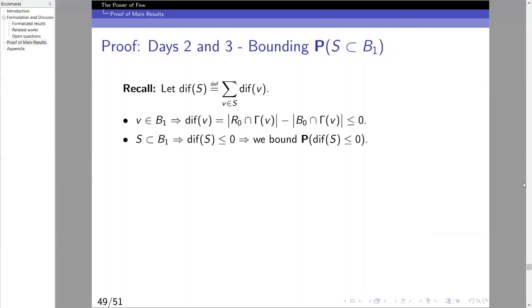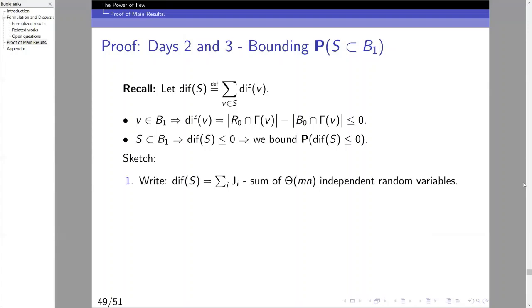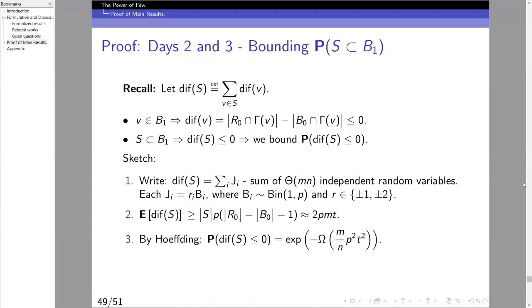So the main thing to do is to bound the chance that the set X all turn red. To do that, we use the term diff of X, which is the sum of all the diffs in X. It'll be negative if everyone in X turns blue. And so we can write diff of X as a sum of independent variables. We use a Hoeffding bound, noting that the expectation of diff of X is positive.